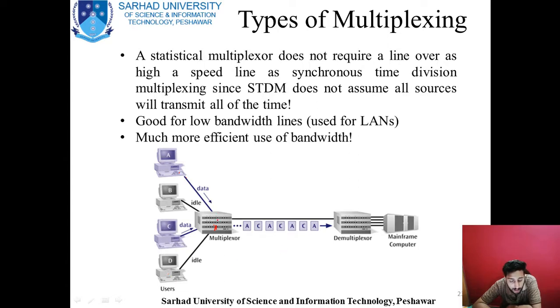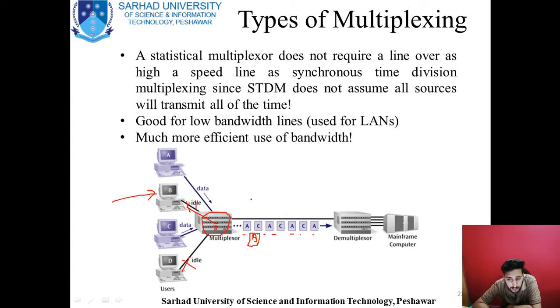So it will not assign time slots to these systems. These systems will not be part of the network, and only A and C will be transmitting data. After some time, let's say B comes in, joins the network and wants to transmit some data. So based on the statistical readings that this multiplexer gets periodically, it will judge that B is now active and wants to transmit data. So it will put a time slot for B as well in the coming time.